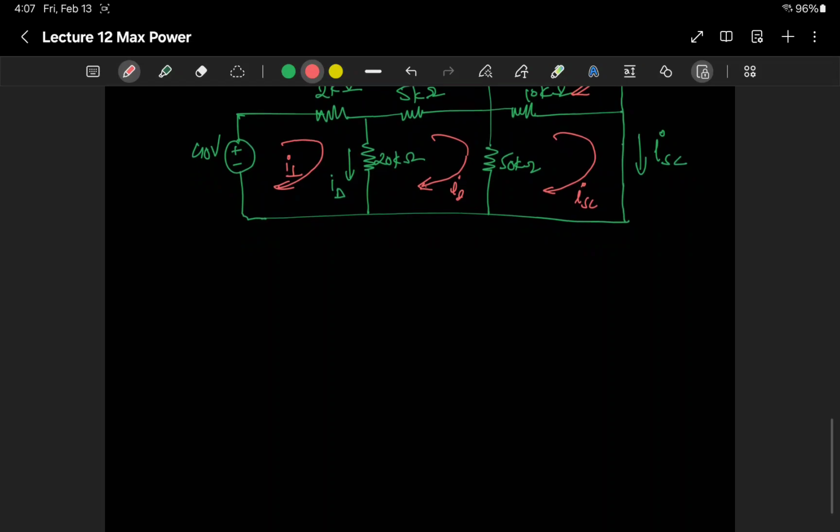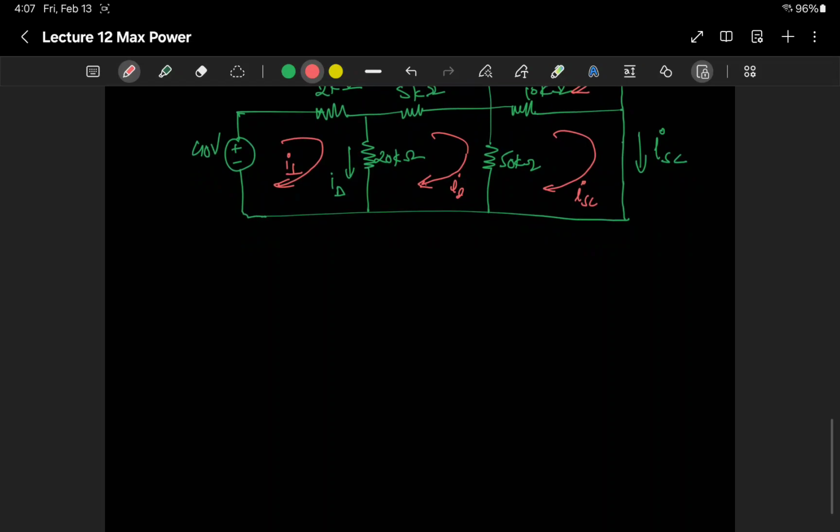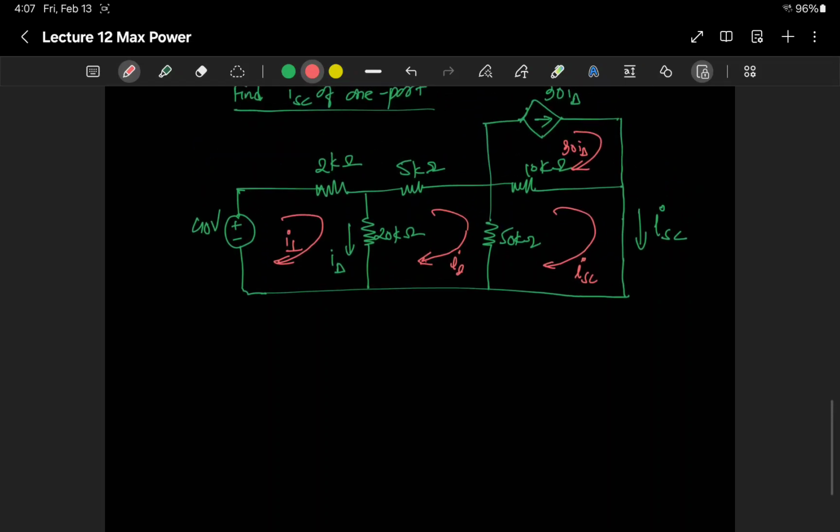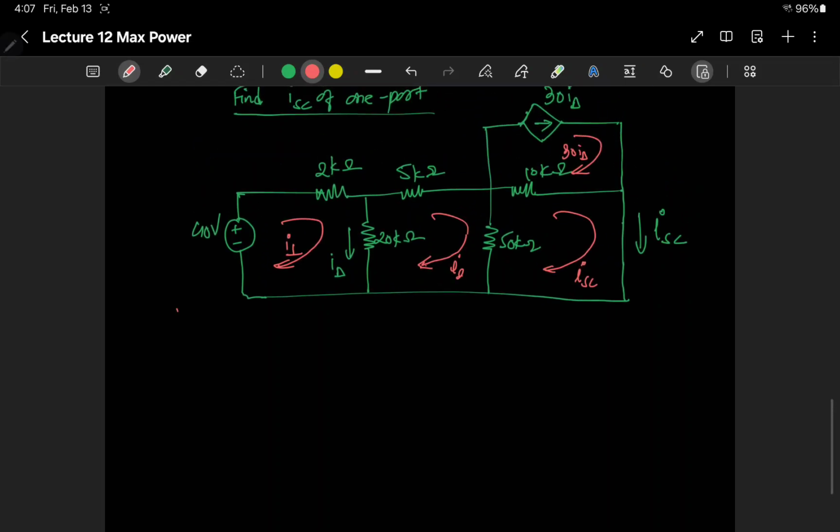Let's start with KVL around mesh 1. For the outer loops we can just randomly assign the directions of the current. We can assign the direction of current like that.